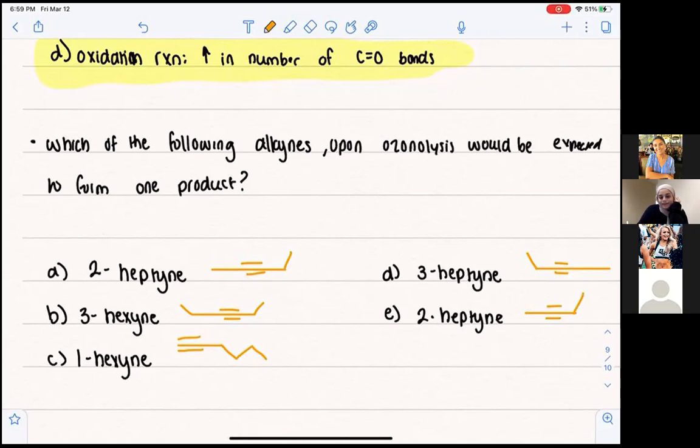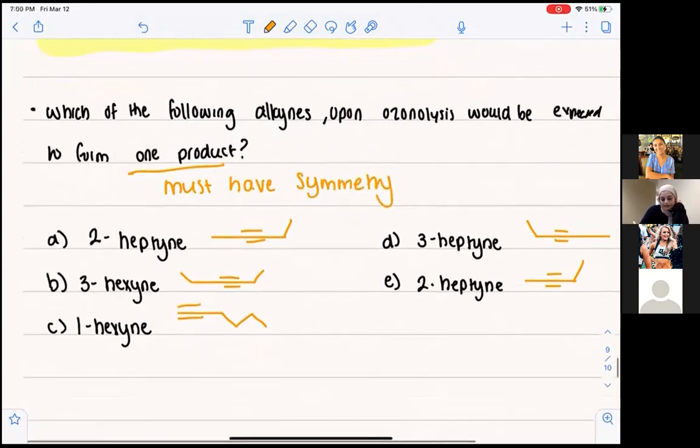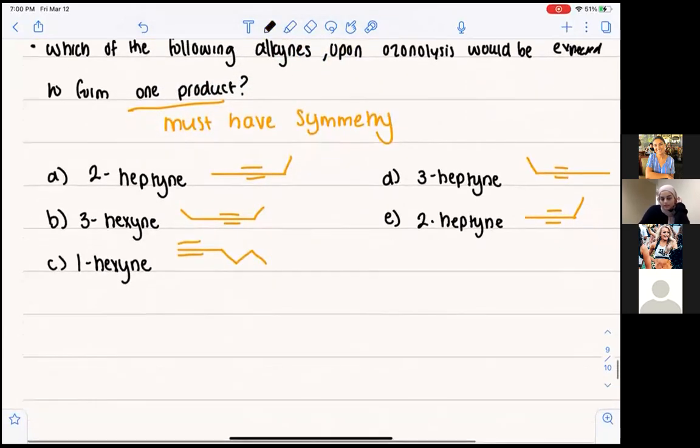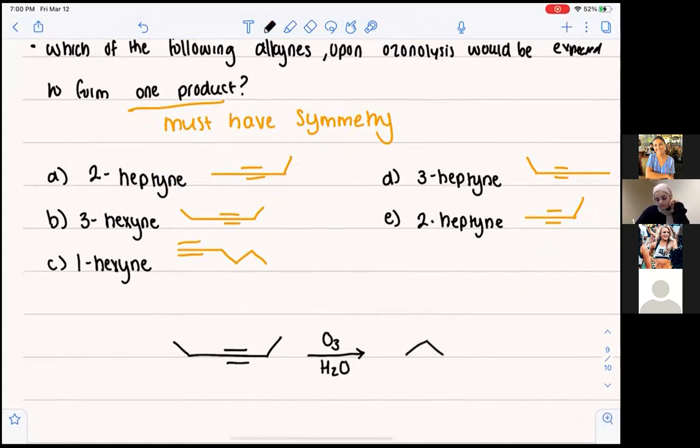So actually what's happening here is that we need to have symmetry, so that whatever it is, it's able to just break straight down the middle because of cleavage. So our answer here is going to look like this. Let's say that we have our O3 with our H2O. We're forming our two aldehydes like that.